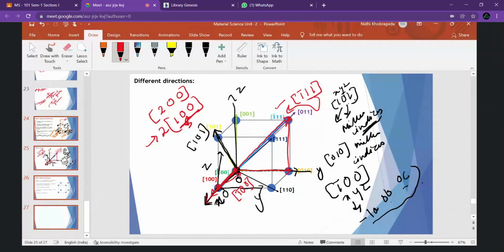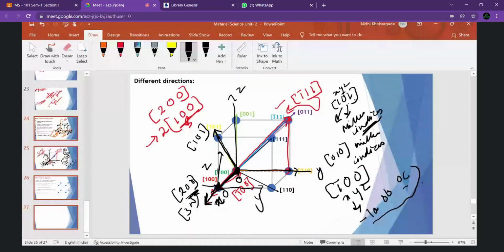And the rest of the values are 0, so it will remain here only. So the direction for 100 Miller indices is from this to this. So here you can see it is the same for 100 and 200, similarly 300, because they have the same parallel lines.